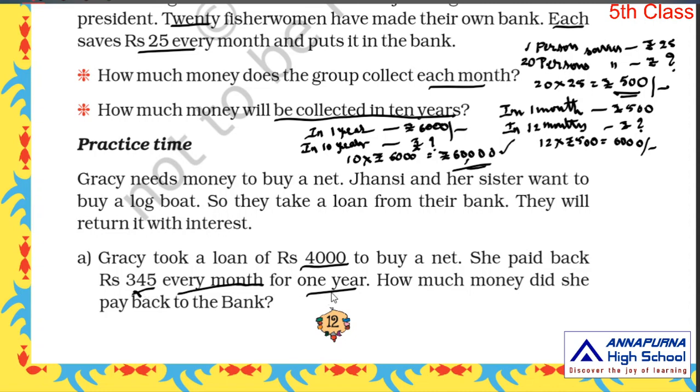In 12 months, how much money will be paid to the bank? 12 times 345 is nearly 3,900 rupees. So she paid nearly 3,900 rupees to the bank.